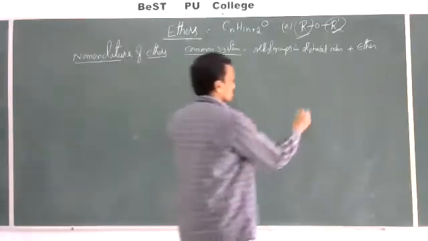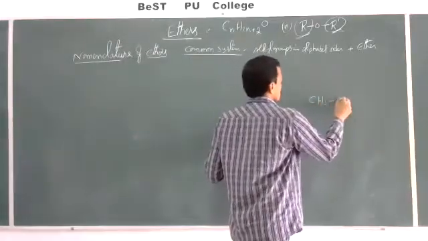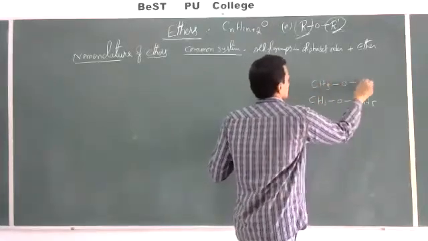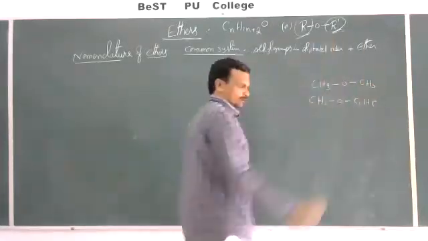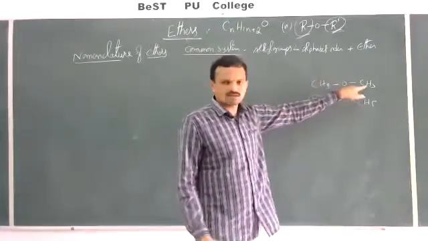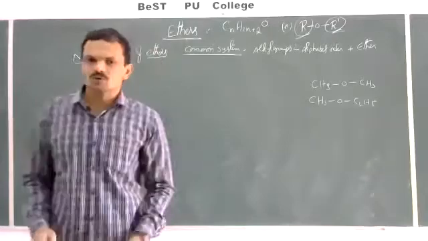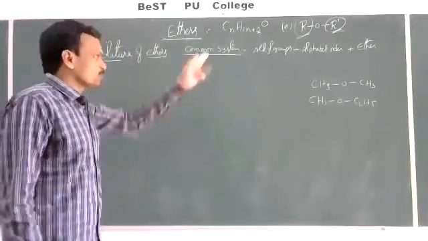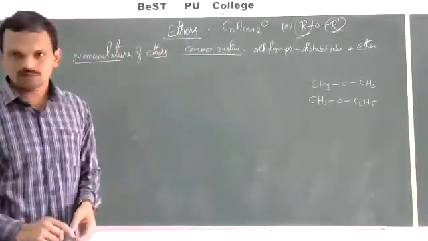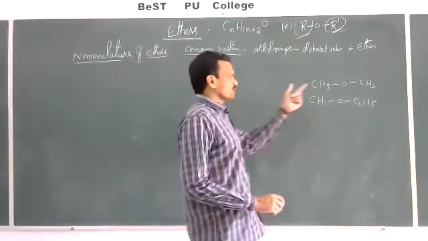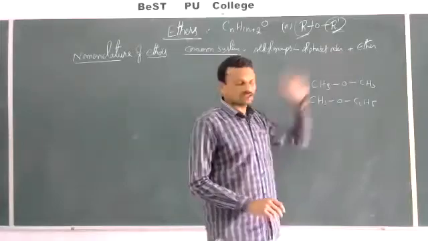Simple examples here. CH3OC2H5, CH3OCH3. This is methyl group. This is also methyl group. Two are methyl groups. If two are same groups, then we will add a prefix di before the name of the alkyl group, and then ending with ether.